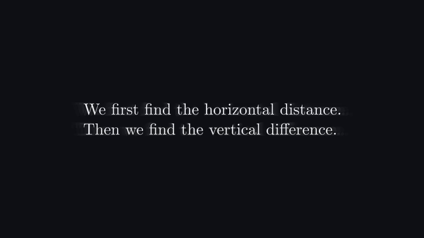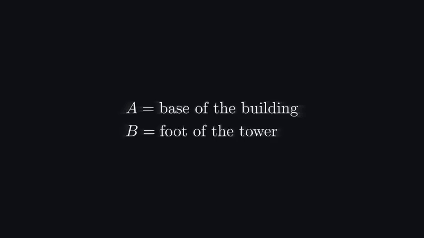We first find the horizontal distance. Then we find the vertical difference. A equals base of the building. B equals foot of the tower.